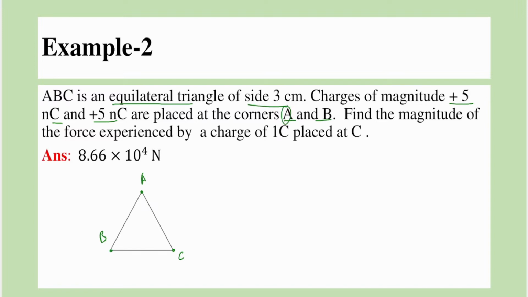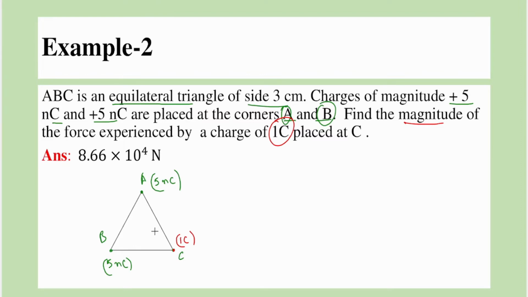Charges are placed at points A and B. So at point A, the charge placed is 5, this N stands for nanocoulomb. So 5 nanocoulomb. And even here at point B, it's also 5 nanocoulomb. At point C, the charge placed is 1 coulomb. So the question says find the magnitude, and it's only magnitude in this case, but we will find the direction also.